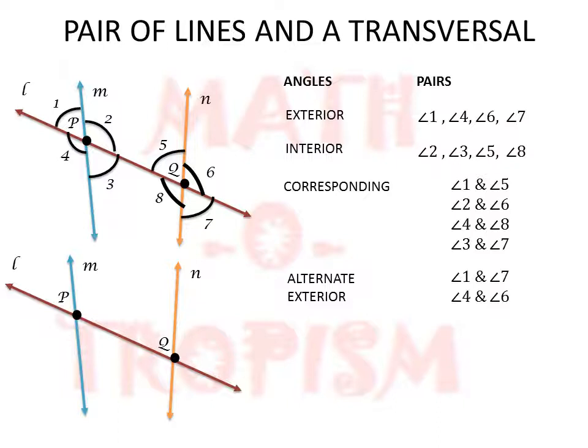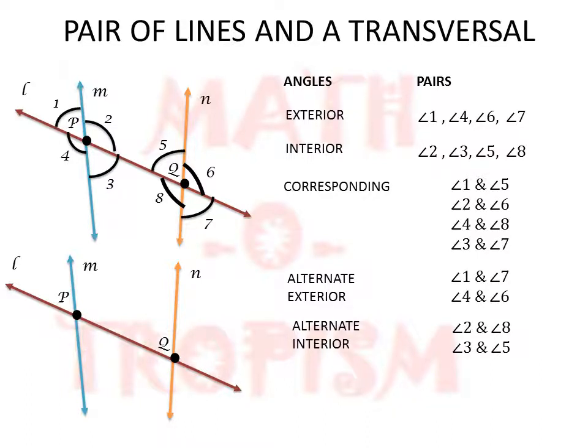Similarly, we will see the alternate interior angles. When we are taking angle 2, which is above the transversal, we should take for N the one which is below the transversal. So 2 and 8 are a pair, and similarly angle 3 is below, so for N we should see above. So 3 and 5 are the other pair.